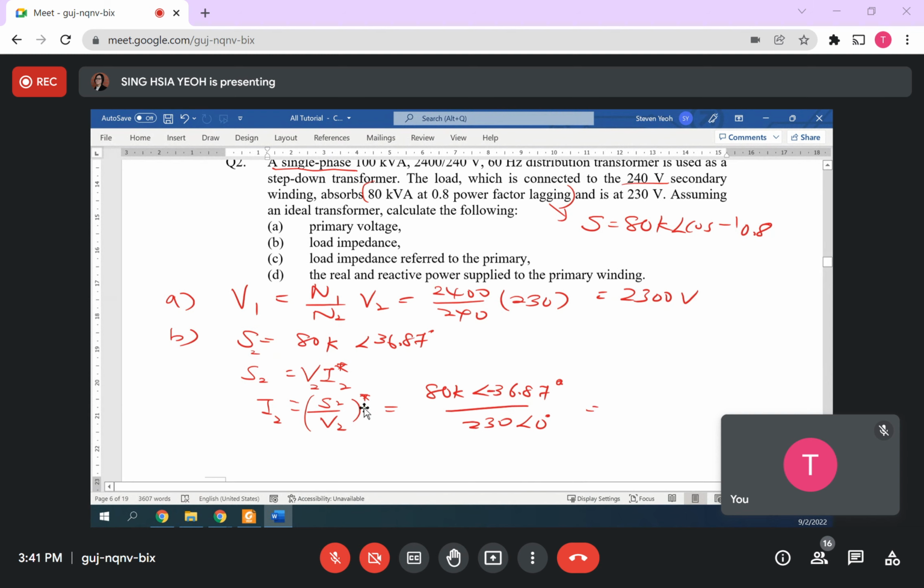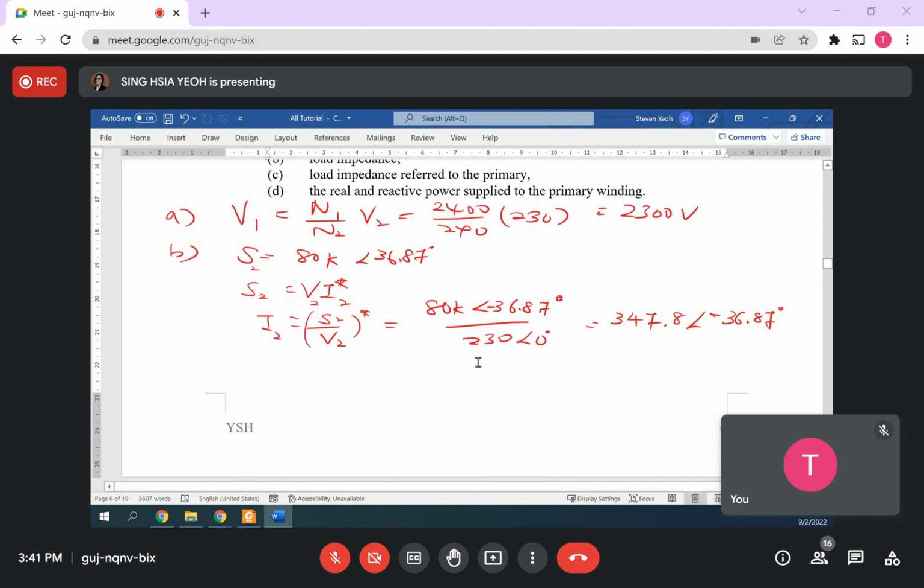Conjugate is just negative change to positive, positive change to negative for the angle. So I put this angle positive here and get negative angle. So I2 basically you will get 347.8 angle negative 36.87 degree. Are you okay? I think so.